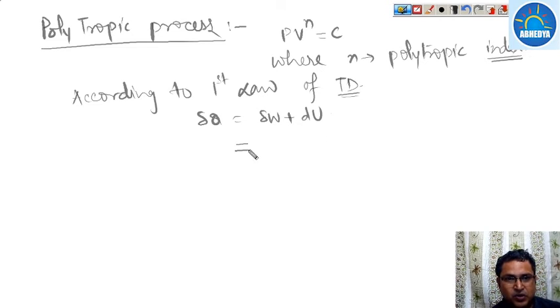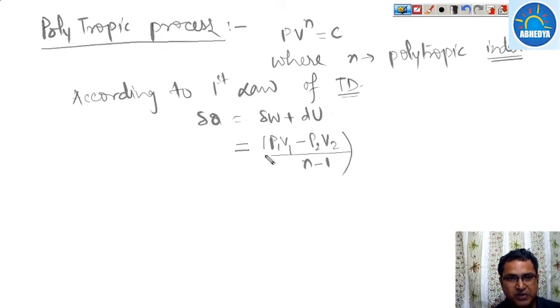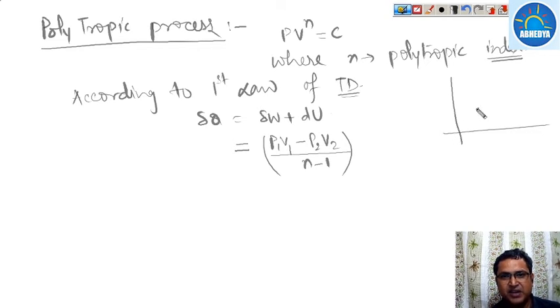So what is the value of del W in a polytropic process? It is nothing but P1 V1 minus P2 V2 upon n minus 1. What is P1 V1 and P2 V2? I am assuming that we are moving from state 1 to state 2.